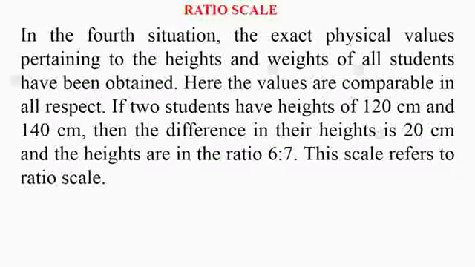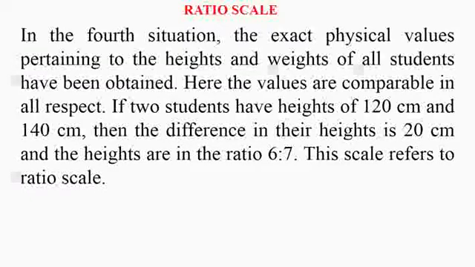In this fourth situation, as stated in the situations given to us, we measure the height and weight of students and make a record. We measure the height, the exact height will be taken. The exact weight will be taken.